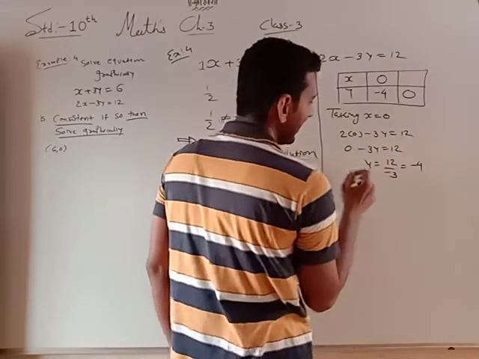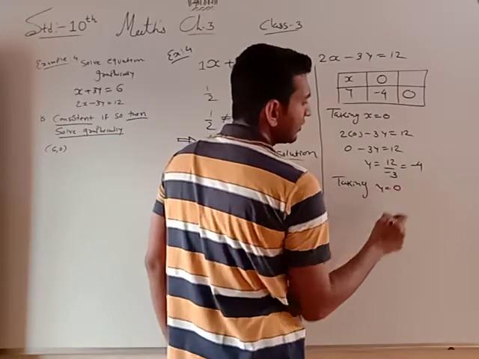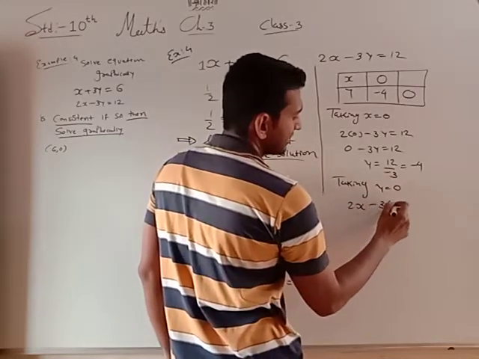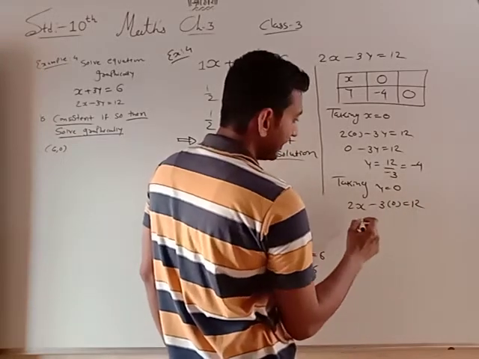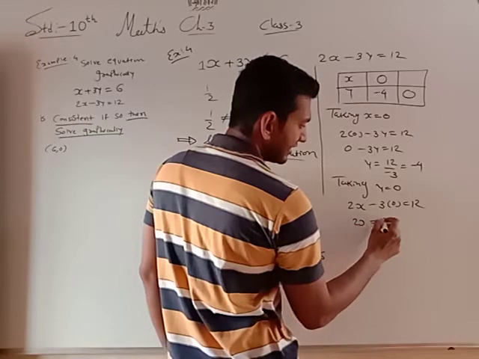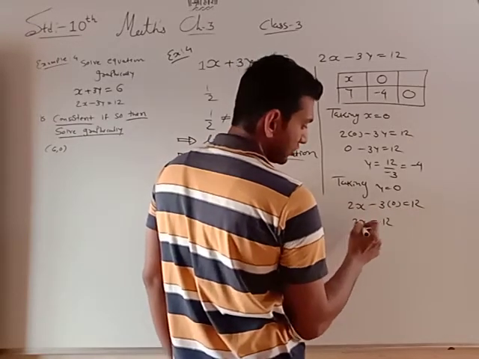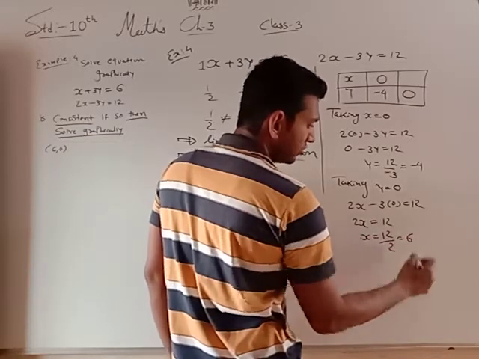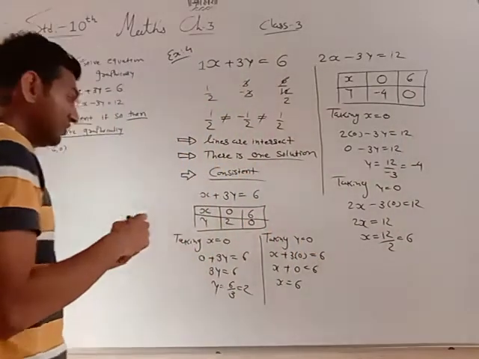Now in the second case, taking y is equal to 0, so 2x minus 3 into 0 is equal to 12. You get 2x is equal to 12. Then x is equal to 12 by 2, your solution is 6.